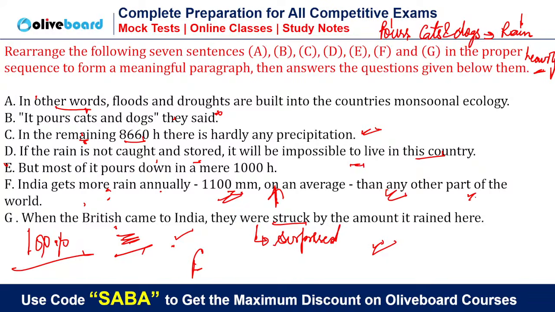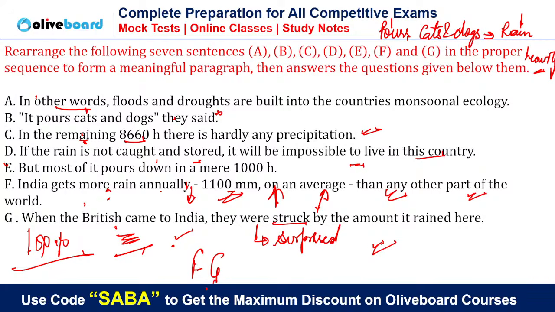This is the fact. And when India gets this much rain, the Britishers were surprised, because no other part of the world gets this much rain. So the theme is not Britishers, the theme is rainfall. This can also be the way to do it.